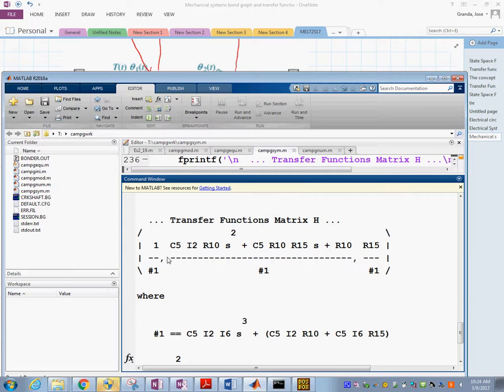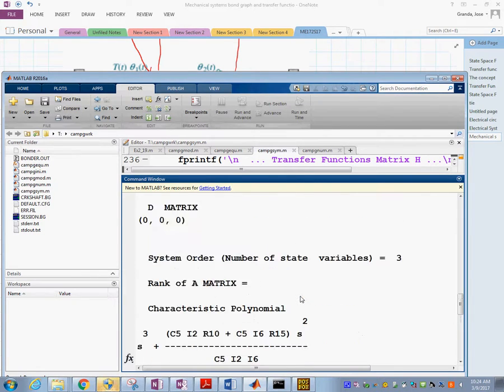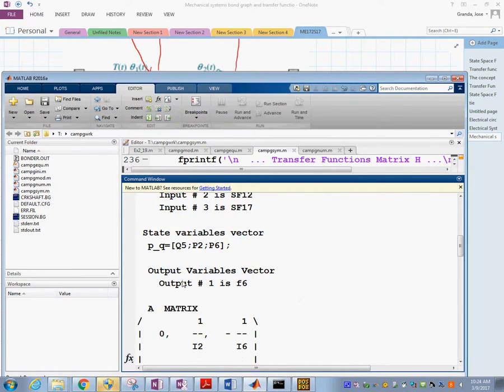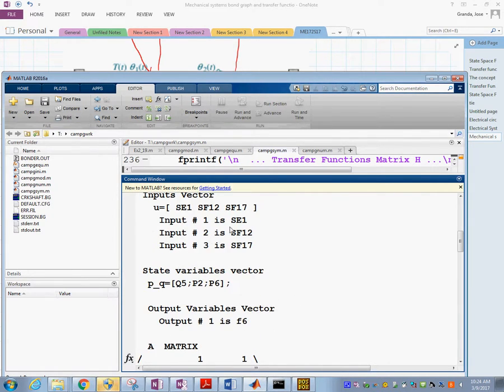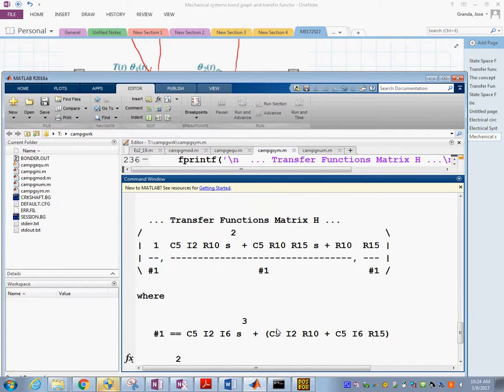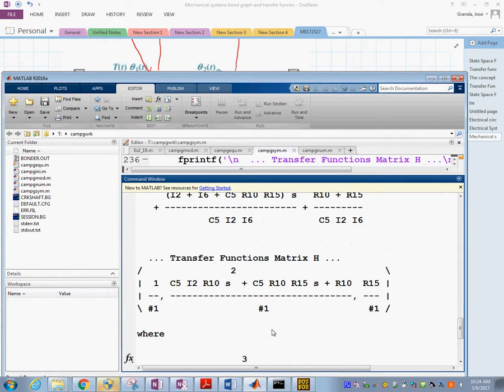This would be the 1 over this for the first transfer function. Remember, it is with respect to inputs 1, 2, and 3. In our case, we want the first one, so that would be our first transfer function.